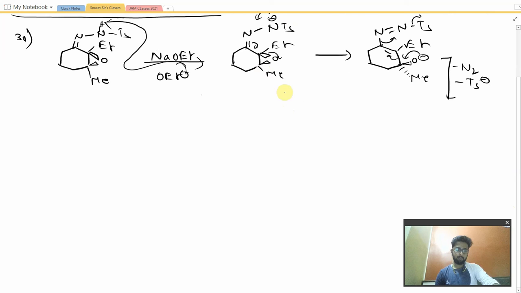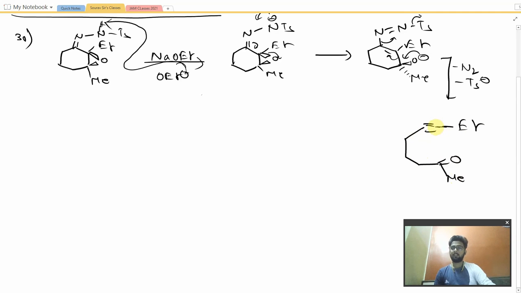So the compound that will be forming is, CH2 Et will be over here, and then we have Me, we have a double bond O. So this compound is overall formed.